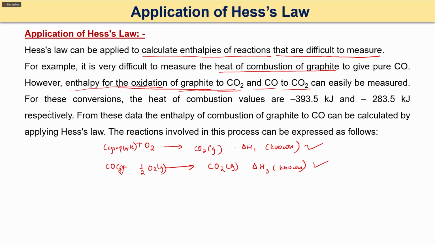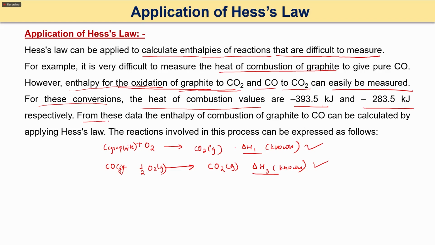So for this conversion, the heat of combustion values which we know are given: that is minus 393.5 kilojoule. It can easily be measured. So for the oxidation of graphite to CO2, it is minus 393.5 kilojoule, and for oxidation of carbon monoxide to CO2, it is minus 283.5 respectively.